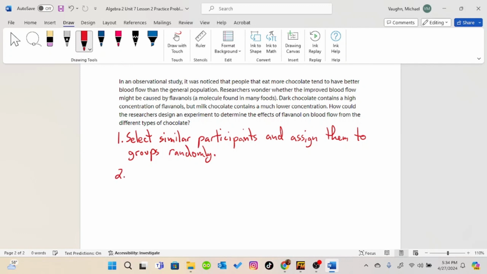Number 2, have a group for dark chocolate, milk chocolate, and no chocolate.